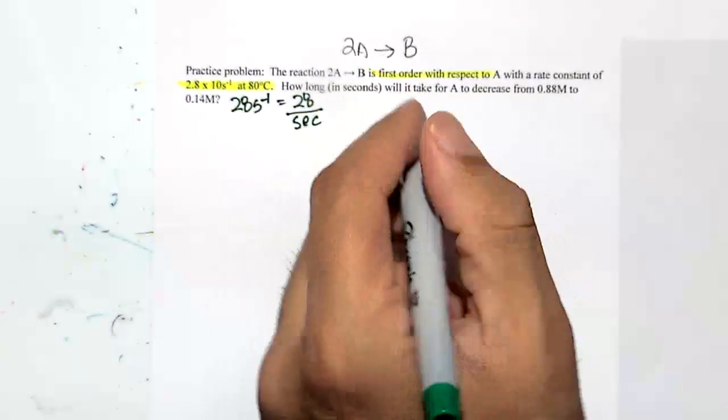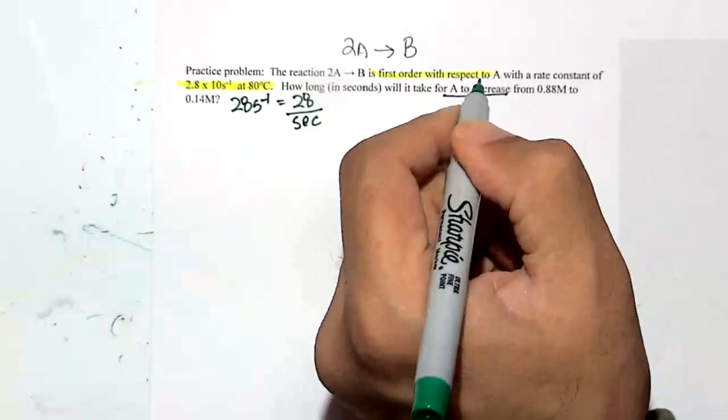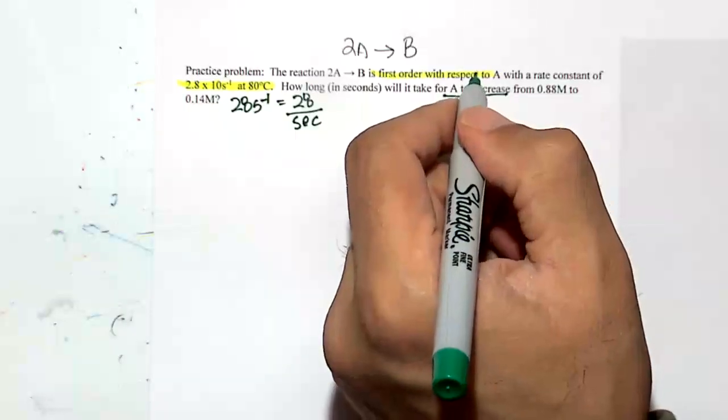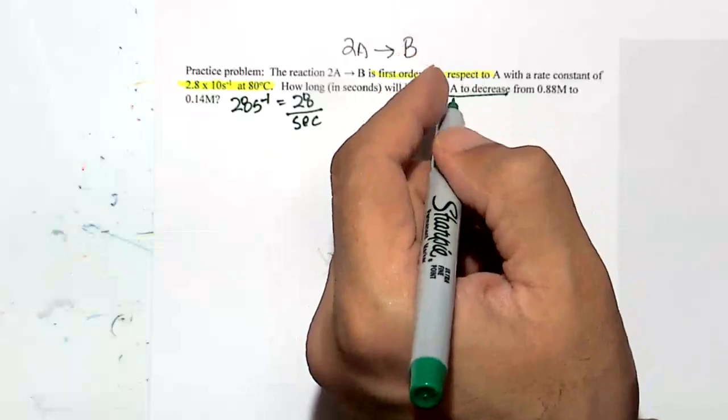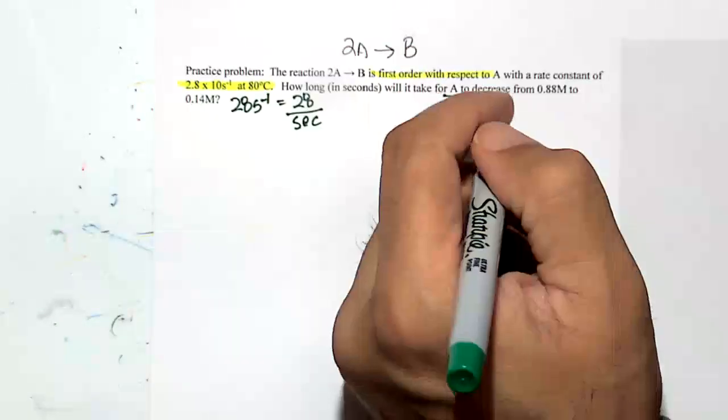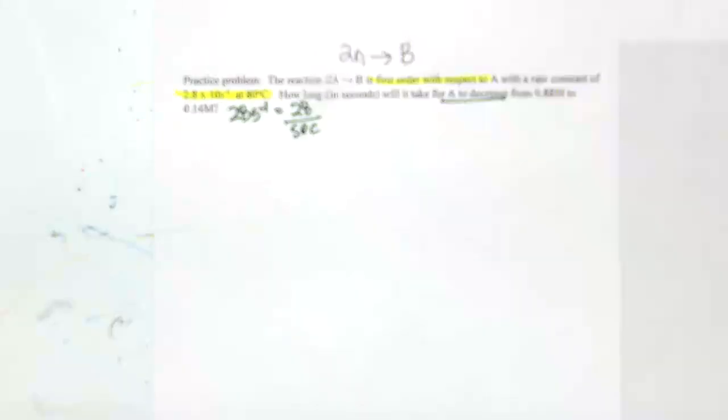Right, how long in seconds will it take for A to decrease? Remember, everything is about decay. How fast means how fast the reactant decays from 0.88 to 0.14. So this is our problem here.